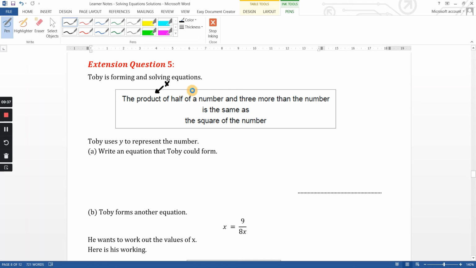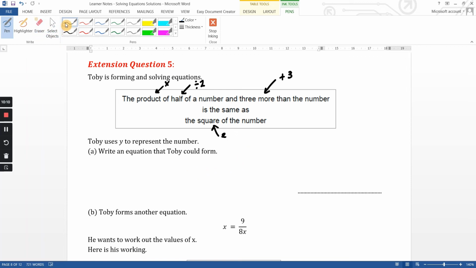Half the number just means divide by 2. 3 more than the number, not 3 times more, but just 3 more, that's plus 3. Square of the number is just a little 2, isn't it?